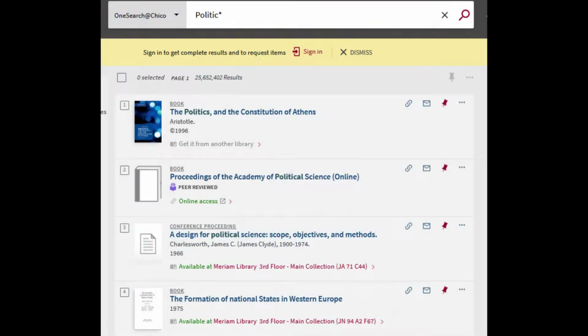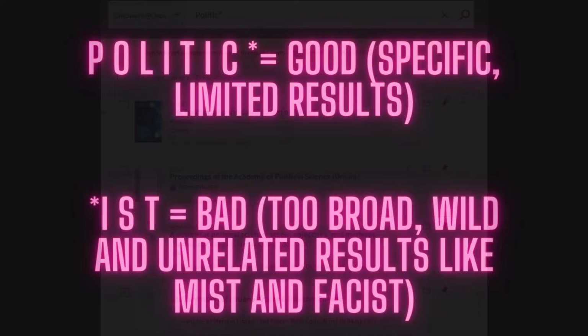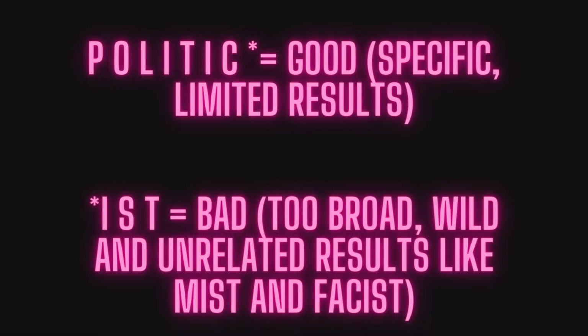For example, if I was doing research on politics in general, I would use the wildcard POLITIC*. This one term will show me results for politics, political, politician, and politicians. Being as specific as possible before applying the star to the term will yield you the best results.